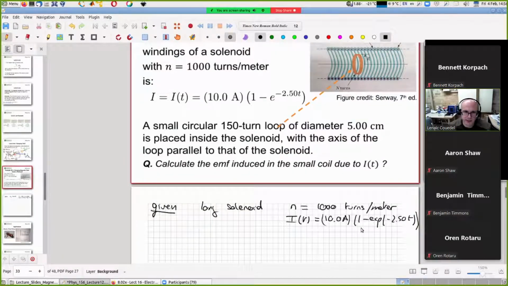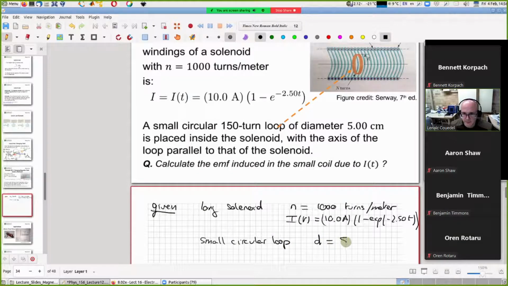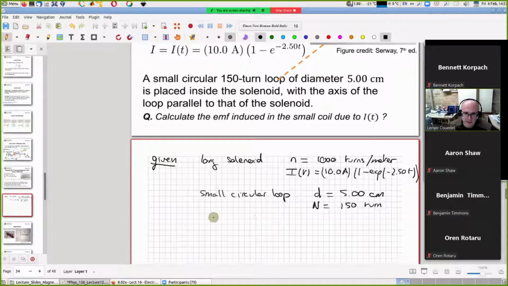Inside this solenoid, we have a small circular loop, diameter d equals 5 centimeters, capital N equals 150 turns, and we have the axis of the loop parallel to the axis of the solenoid.